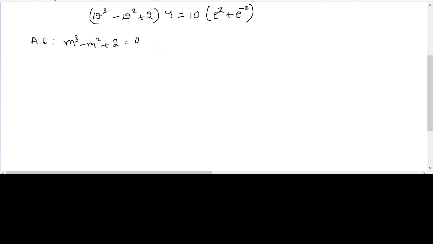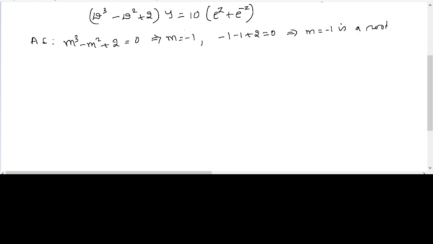Therefore by putting m equal to minus 1, we get minus 1 minus 1 plus 2 equal to 0. This implies m equal to minus 1 is a root. By trial and error method, we need to get one root.